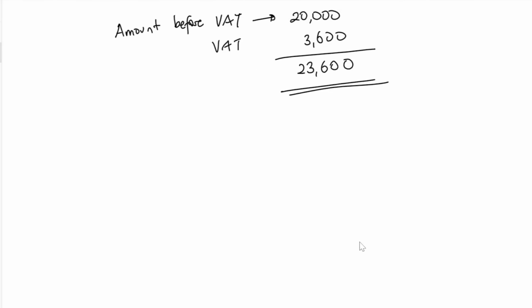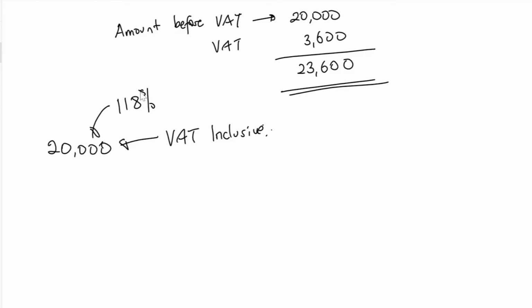Let's say you have been given a figure, 20,000, and they're telling you that it is VAT inclusive. So if it is VAT inclusive, it means you need to find the VAT exclusive plus the VAT. This figure represents 118%.